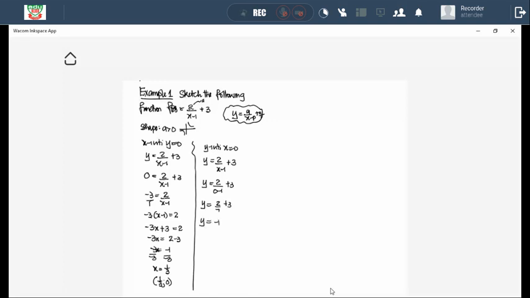So y is equal to negative 2 plus 3, which is equal to 1. Then this is going to be the point 0 and 1. Okay. This is going to be what? The horizontal asymptote.